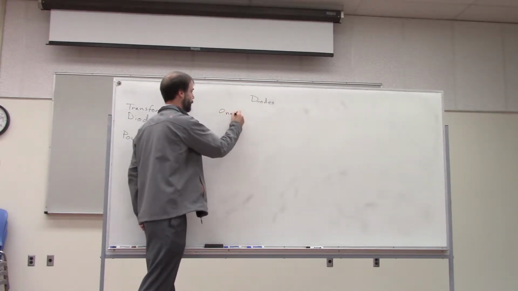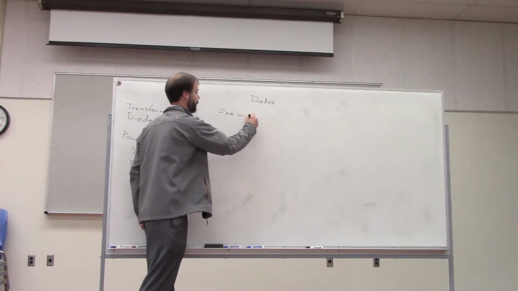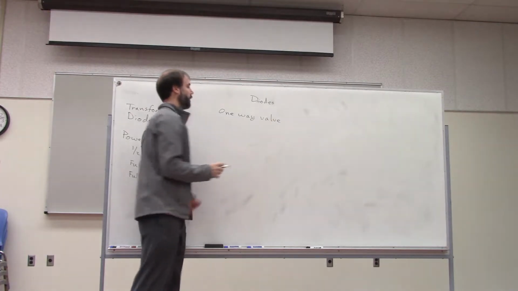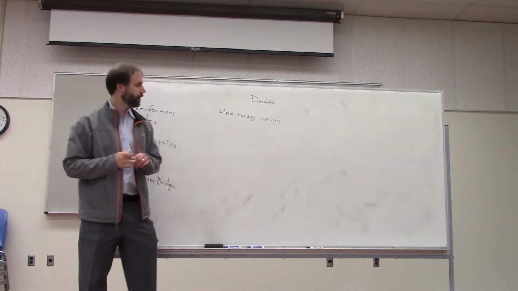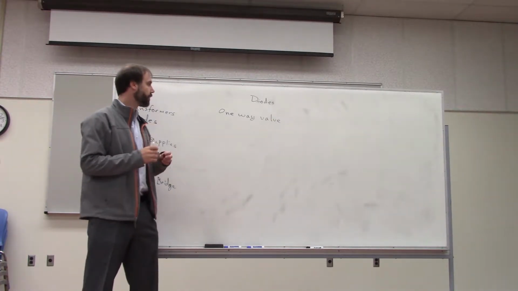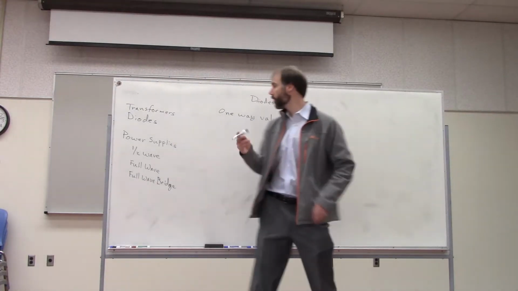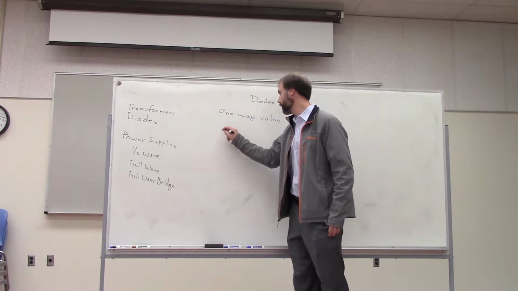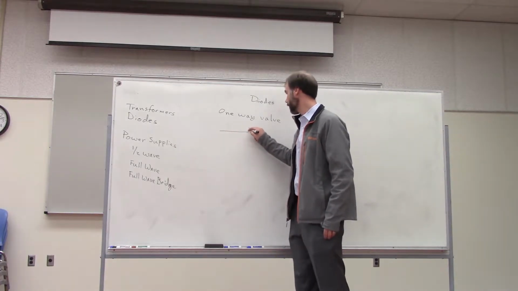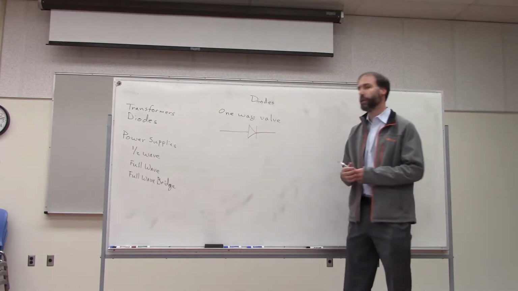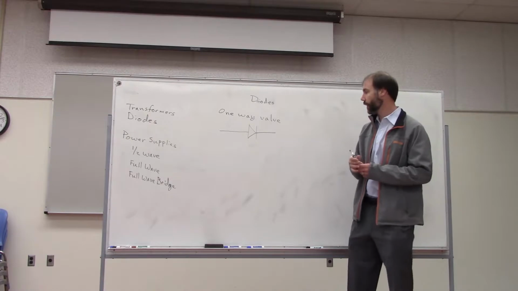It allowed current to flow through in one direction, but it stopped it from flowing through in the other way, right? So that's what diodes did for us. The diode symbol looked like this. Kind of looks like an arrow pointing in one direction, right?